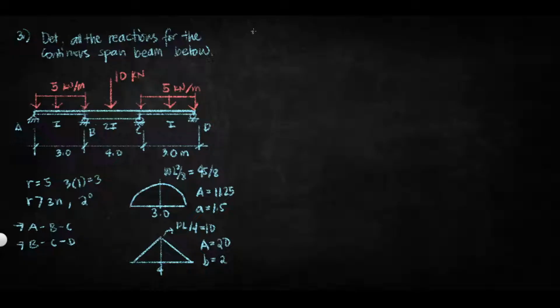So considering first A, B, C. So from the formula, MA times L1. So ang L1 natin dito, class, is the length of the first span, which is 3. And then this is A, over the moment of inertia.